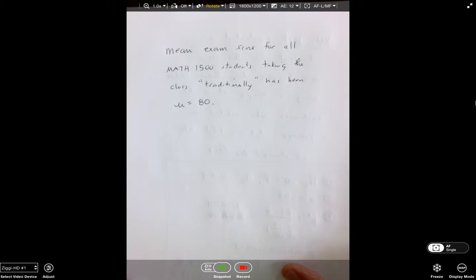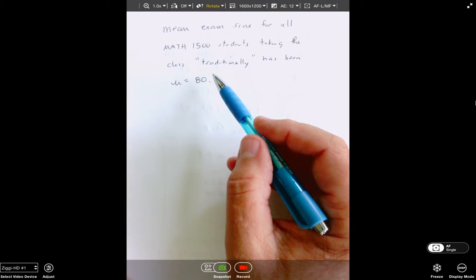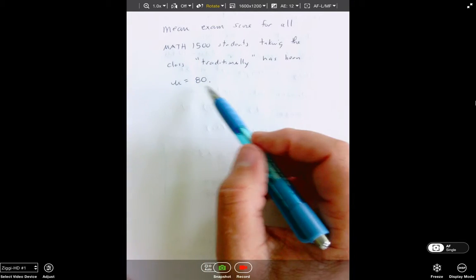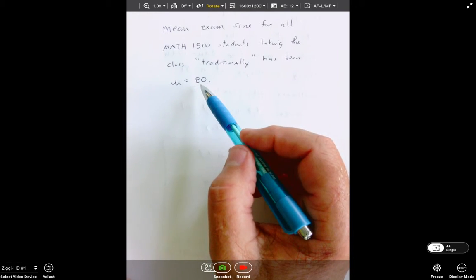So I've taught this class over 100 times. I've kept really good records. Dr. Defcoda, Ms. Wall, so on and so forth, we all kept good records. And we have found that the mean exam score for students taking this class traditionally has been 80.